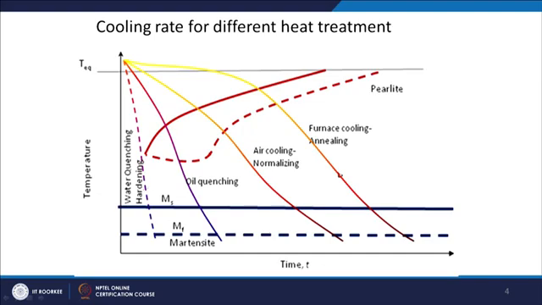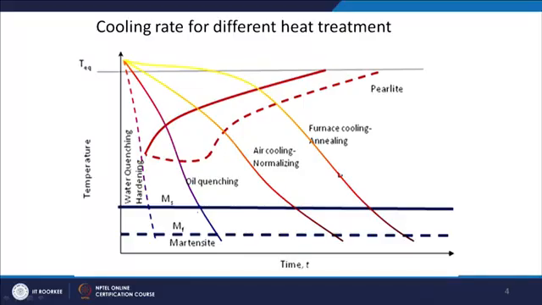For example, if you take oil quenching here, my cooling curve has crossed the pearlite start temperature, but it has not crossed the pearlite end curve. So, the transformation is not completed here, and now it is crossing the MS temperature. So, in this case some austenite will transform into pearlite, and the remaining austenite will transform into martensite.